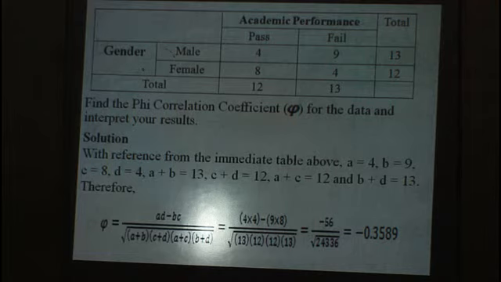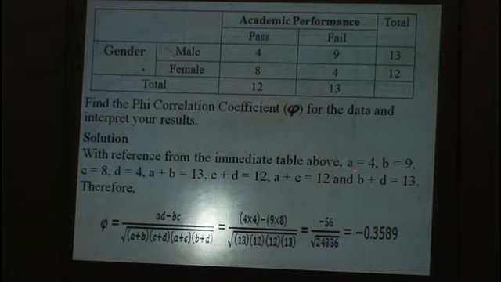So comparing this to the formula, A is 4, B is 9, C is 8, D is 4, meaning A plus B is 13, C plus D is 12, A plus C is 12, and B plus D is 13.